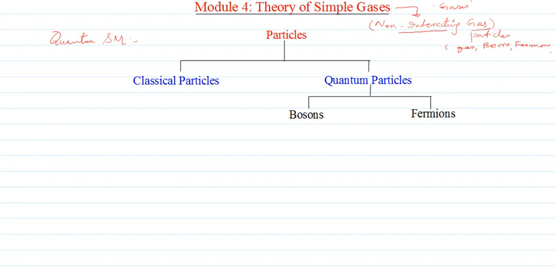So once again I repeat, by simple gases, don't just restrict your concept only to gaseous systems. We consider even a collection of bosons and fermions, which are quantum particles, as behaving like a system of gas. Gas in the sense that, don't consider that bosons are just flying like the gas molecules and fermions are flying like gas molecules. No, okay. For example, you consider free electrons in a metal.